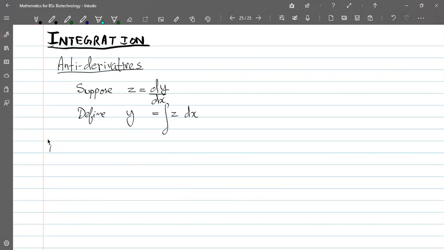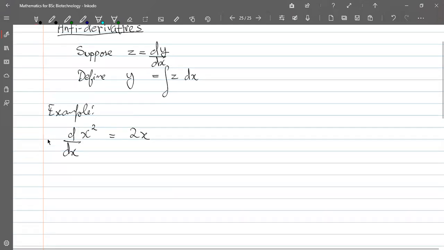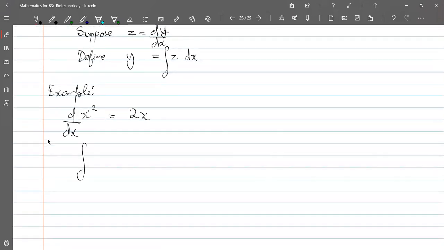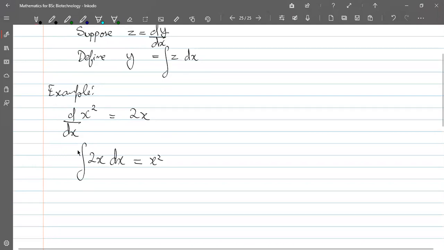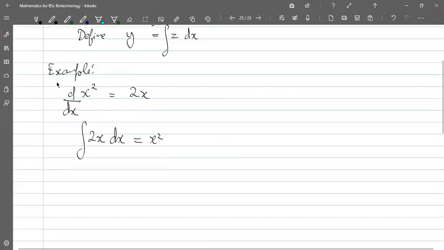For example, we know that the derivative of x square is equal to 2x. Therefore, what is the integral of 2x with respect to x? It must be x square by definition. This is just like writing sine of pi by 2 is equal to 1, therefore sine inverse of 1 is equal to pi by 2. It is exactly the same thing, but with differentiation and anti-differentiation or integration.